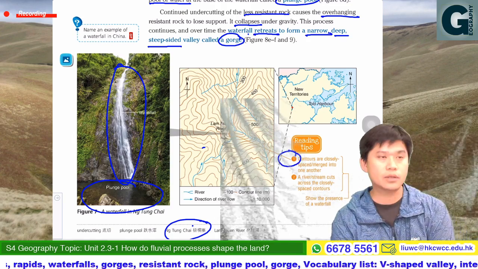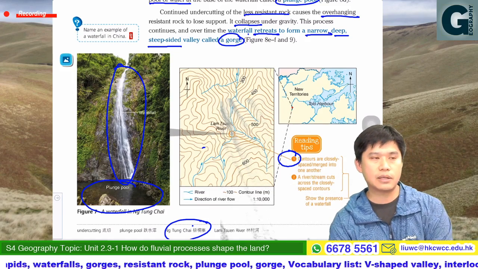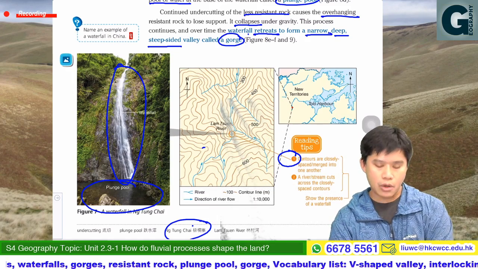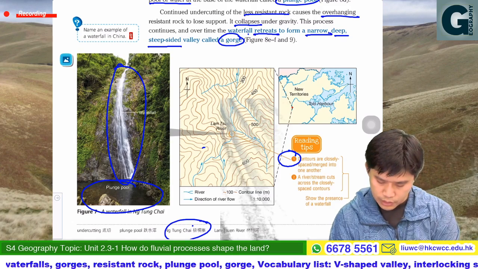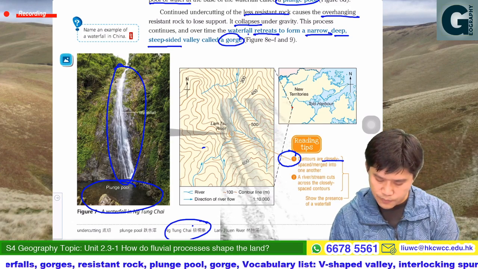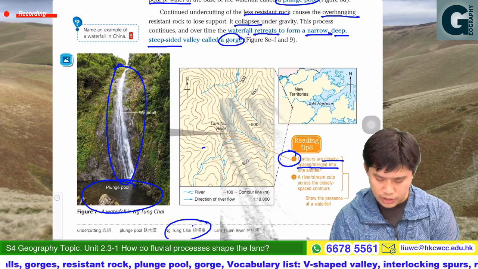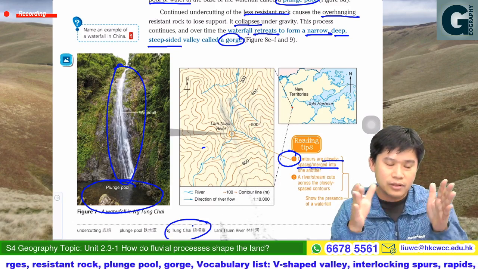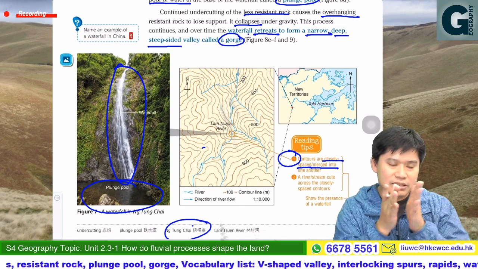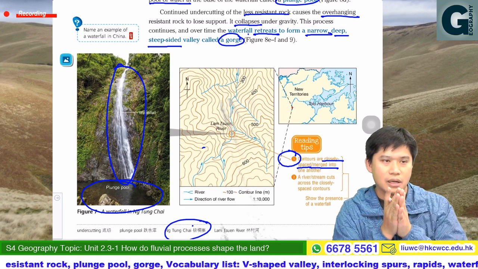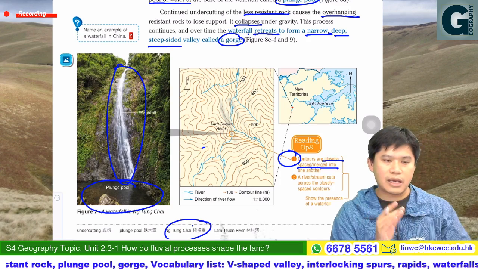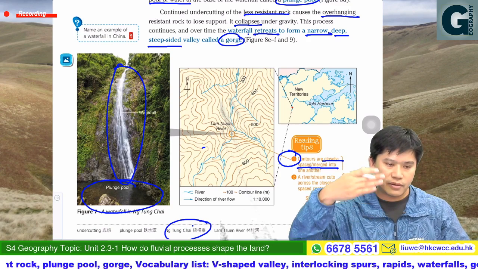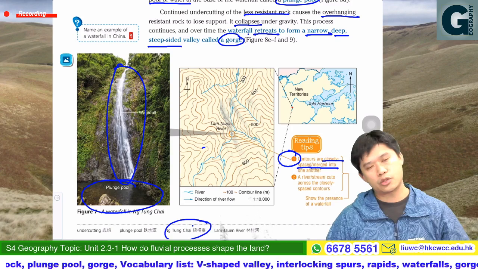the first point. If you look at a map, when the contours are closely spaced or merged into one another, like a cliff, when the contour lines are very compact, we can observe there must be a very, very steep slope.